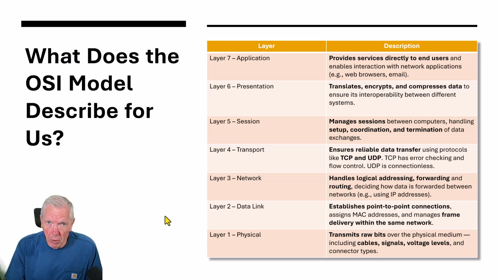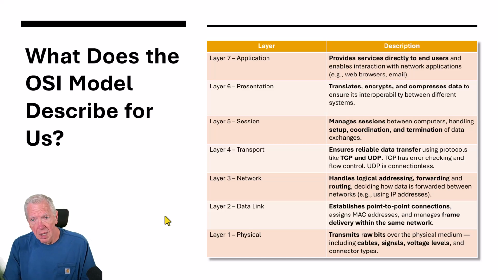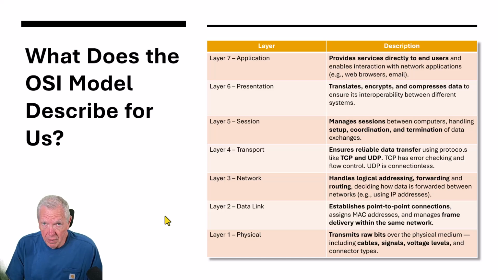Layer 3 is the network layer. Now you're going to hear people from companies like Cisco and others talk about network layer. This is where routers live. So if you have a big honkin' expensive router, or even your home router, it works at layer 3 of the OSI model. This handles logical addressing, forwarding, and routing.